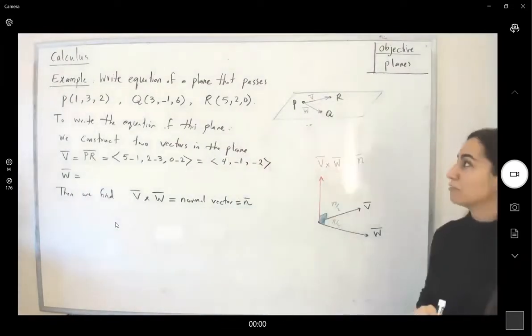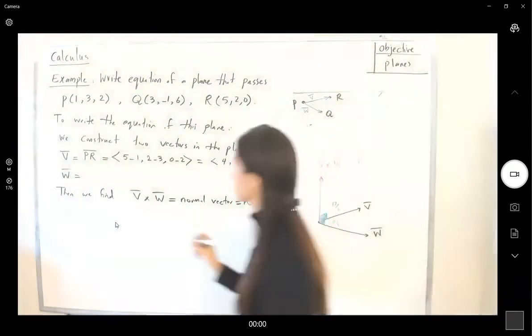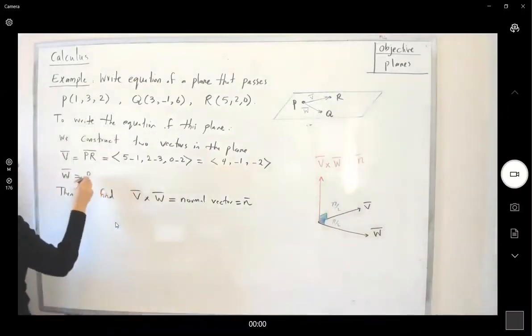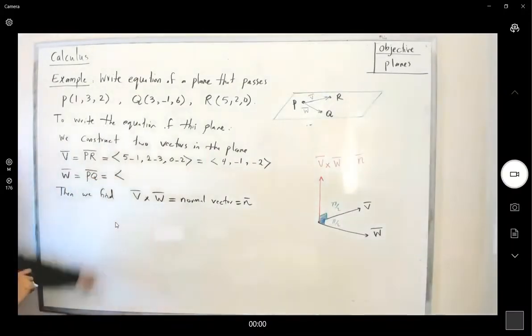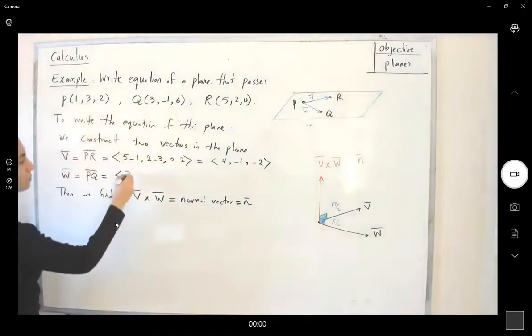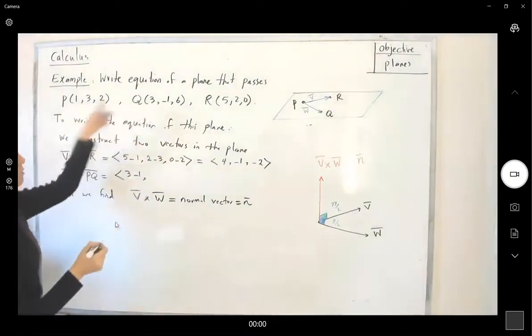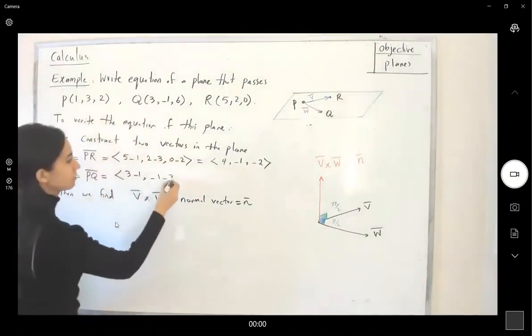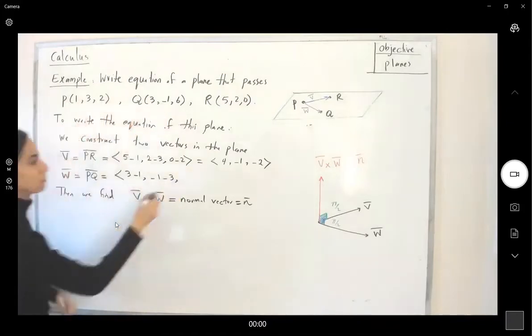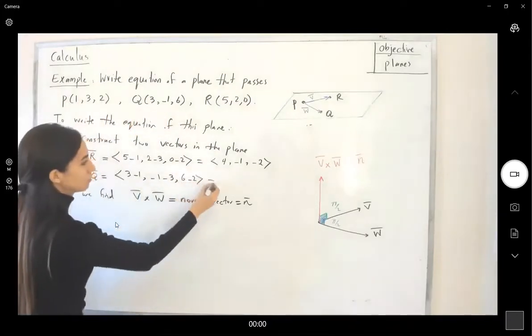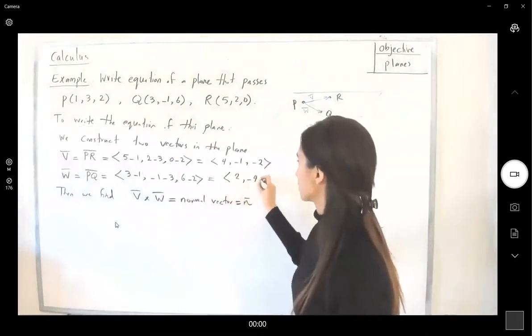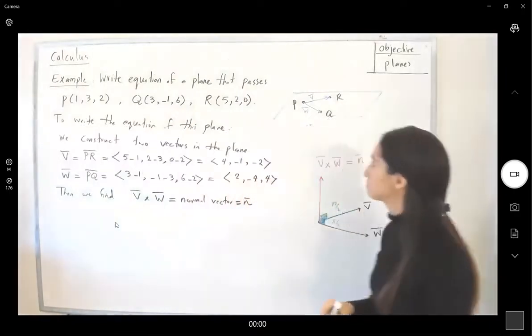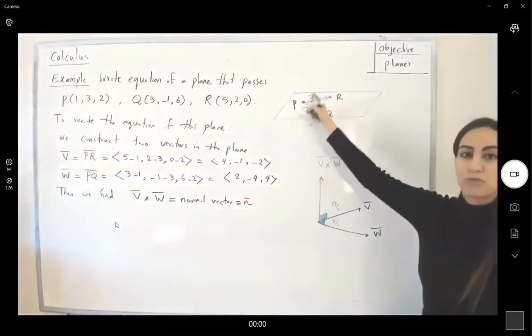Let's construct the second vector, PQ. The components are 3 minus 1, -1 minus 3, and 6 minus 2. This is equal to (2, -4, 4). So I have my two vectors.